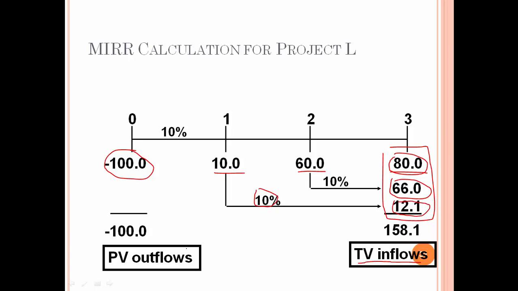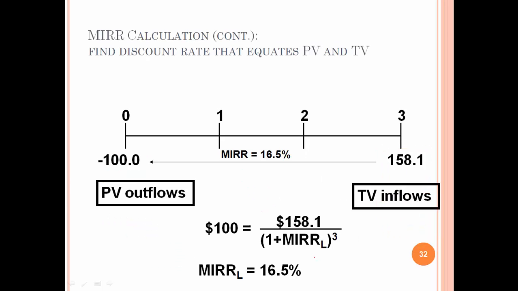So then the question is, if you have an investment of $100 and it becomes 158.1 at the end of year 3, no matter what happens during these 3 years, if you compare these 2 numbers, what is your return every year so that your 100 investment becomes 158.1 in 3 years? That is a simple time value of money calculation.